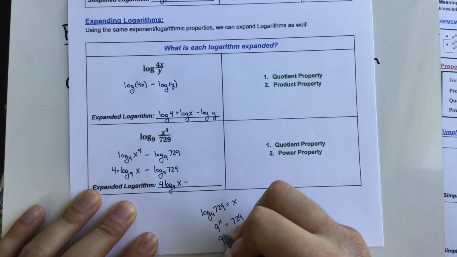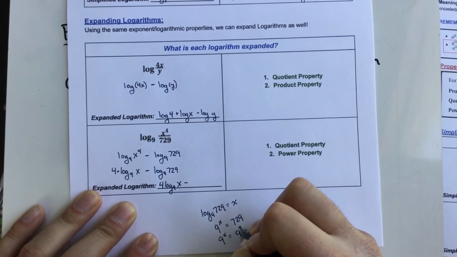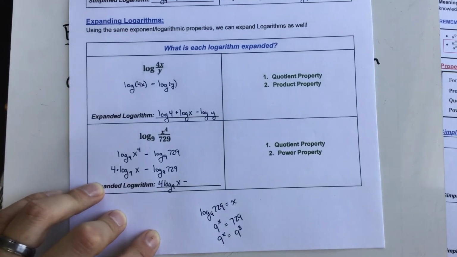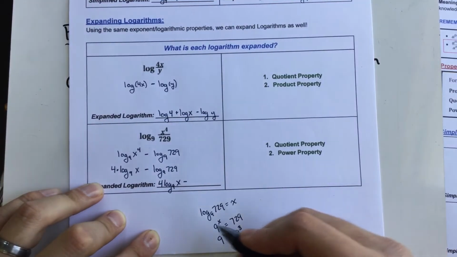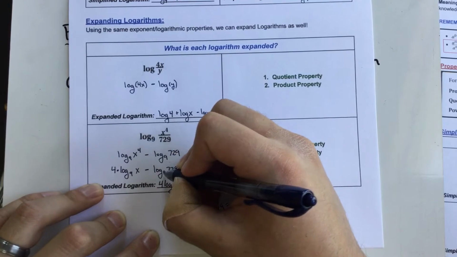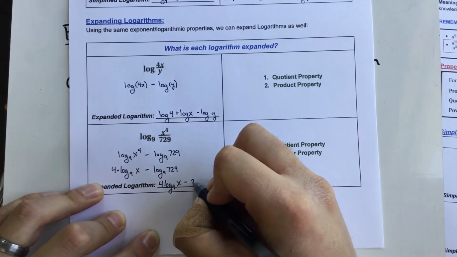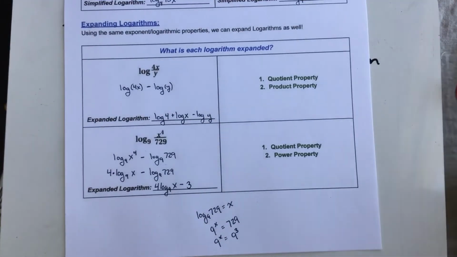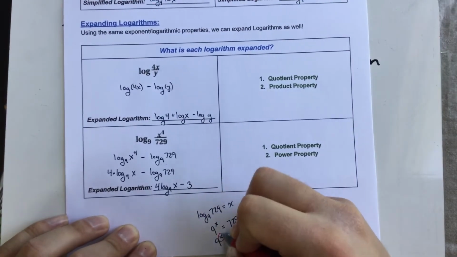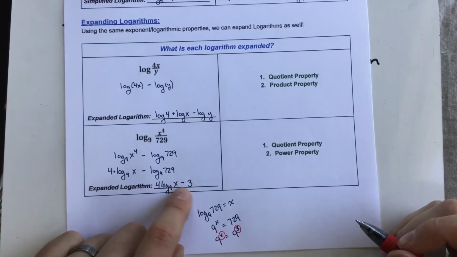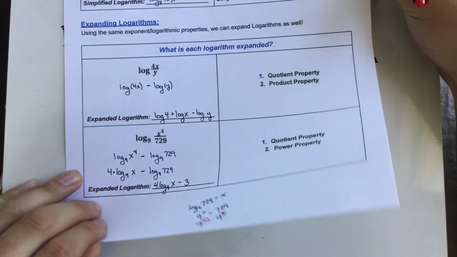Well, 9 cubed is actually 729. 9 times 9 is 81. Times 9 would be 729. So I could actually write right here that this logarithm, base 9 of 729, would actually be 3. Because that is our exponent here. Right, this can evaluate to become 3. So this would be our simplified expanded logarithm.